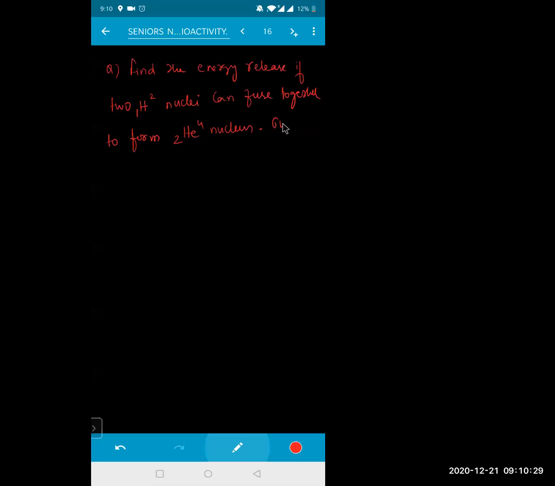The binding energy per nucleon of 1H2 and 2He4 is 1.1 MeV and 7.0 MeV respectively.